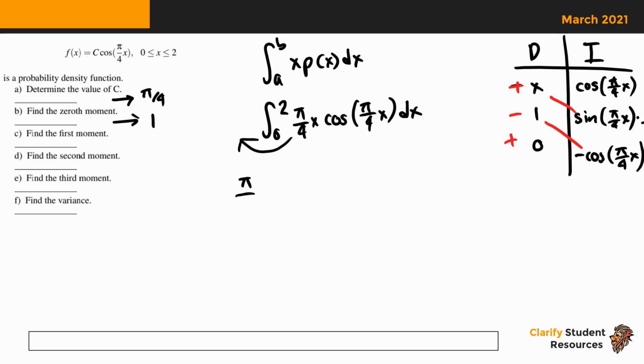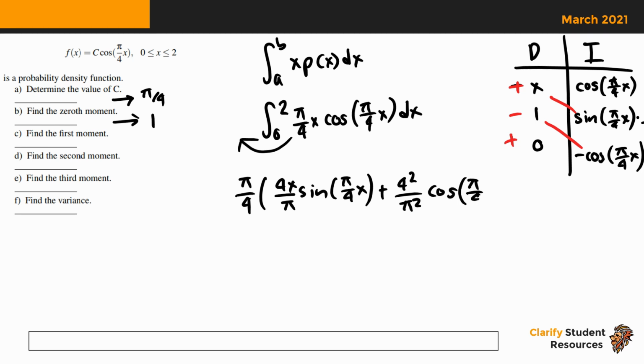So it's going to be pi over 4 multiplied by 4x over pi sine pi over 4 x, and then we're going to have minus minus, so that's going to become a plus 4 squared over pi squared cosine pi over 4 x. Okay, so this is going to be our whole term, but it's going to be from 0 to 2.